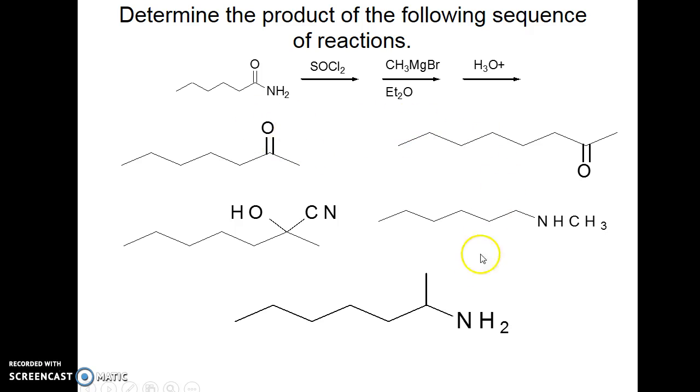If I look at all these possibilities, the only one that is a methyl ketone is this one or this one. The correct number of carbons would be 1, 2, 3, 4, 5, 6, and then 7 from this right here. 1, 2, 3, 4, 5, 6, 7, 8, too many. It would be that compound.